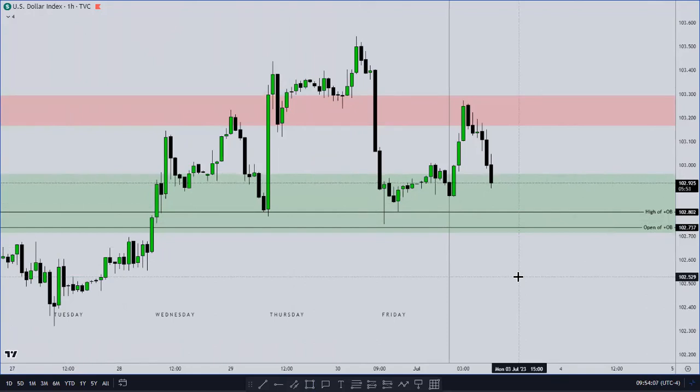That can be possible today. With midnight open, we rallied. Now we're declining. This can be termed as a Judas swing.